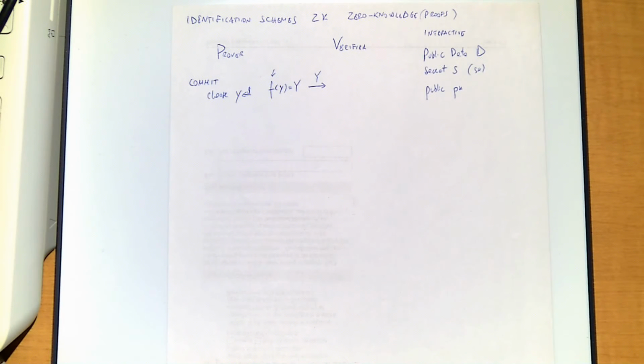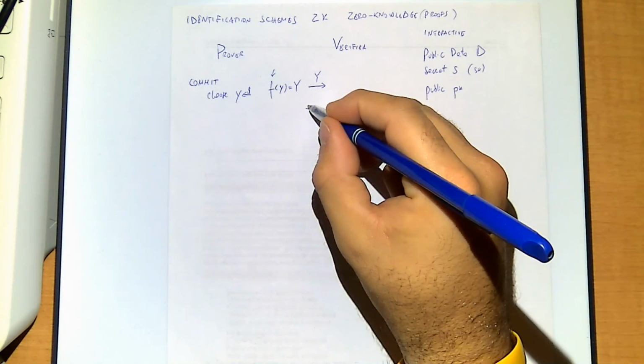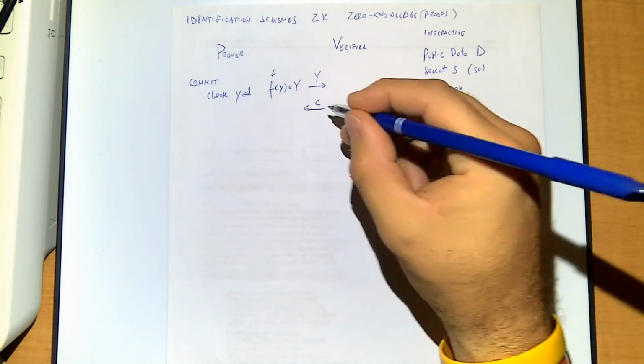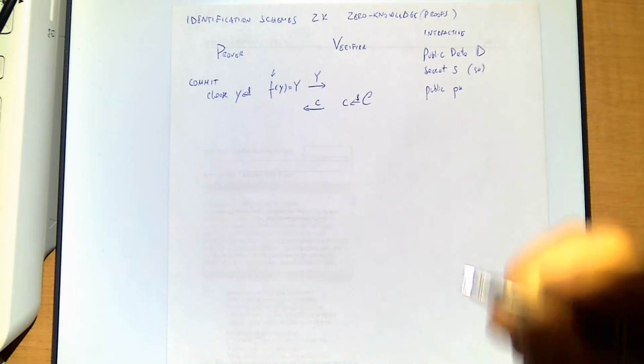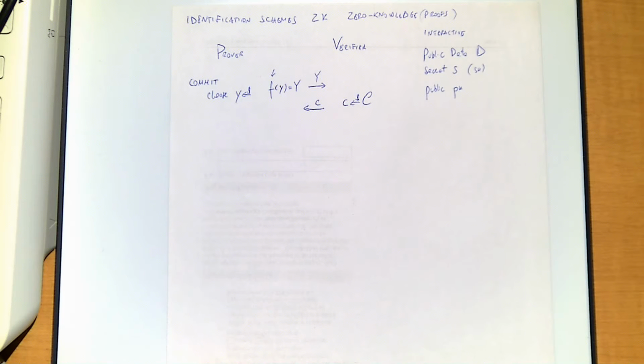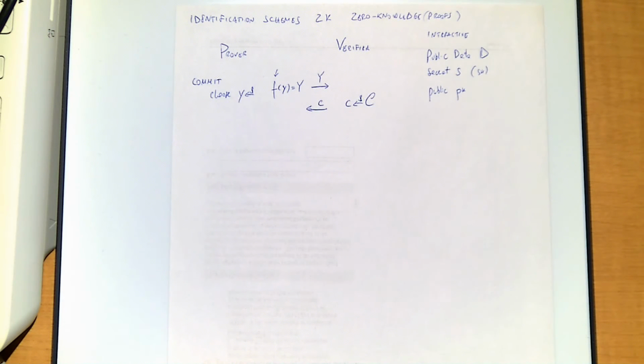Okay. Then the verifier sends what is called a challenge. So C, the challenge, is chosen at random in a certain challenge space, and again, this depends on the scheme. And so you have a challenge step.